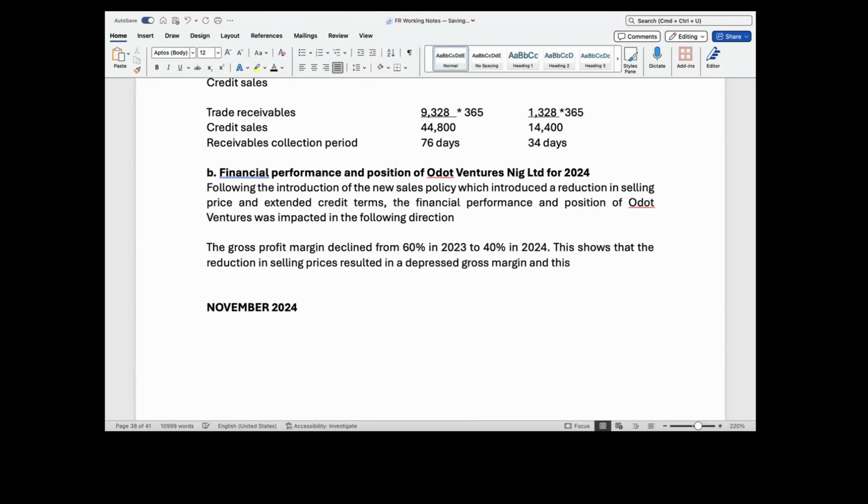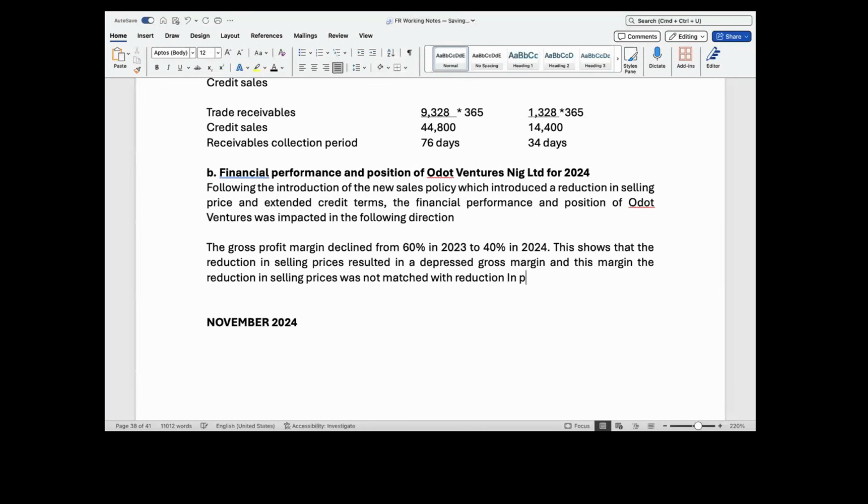This is because the reduction in selling prices was not matched with a reduction in purchase prices.